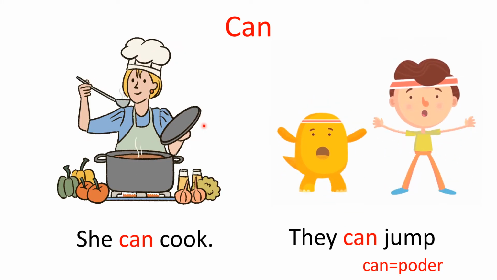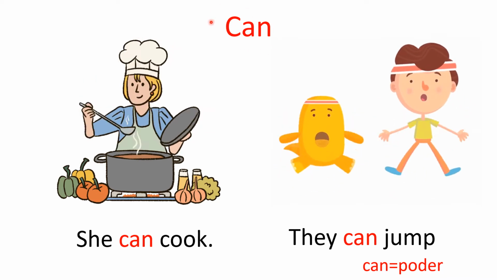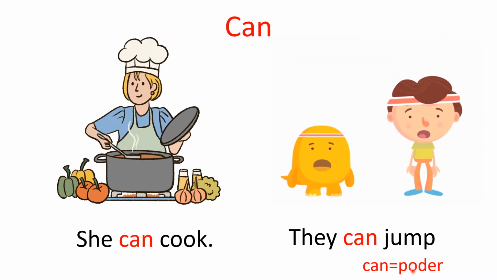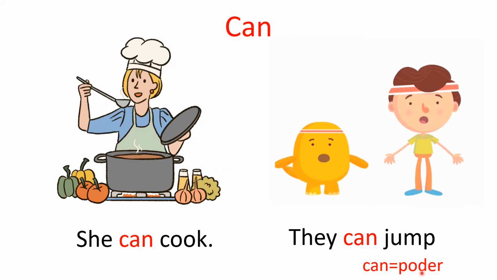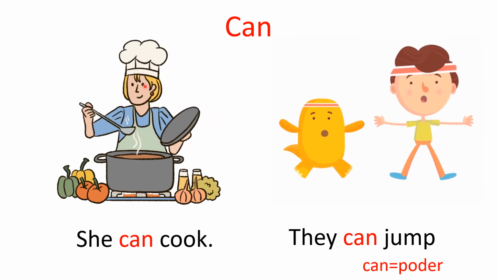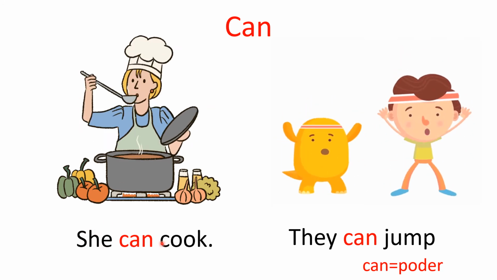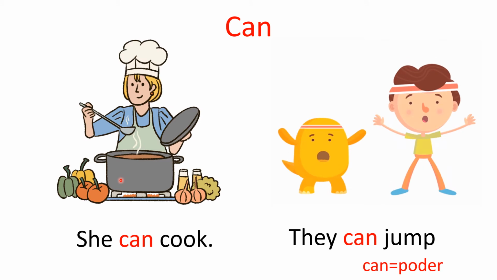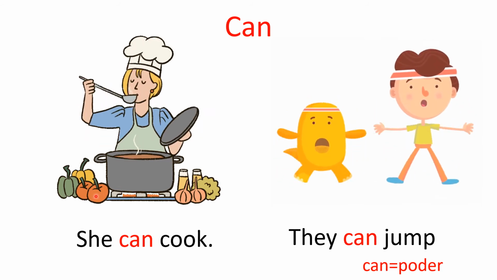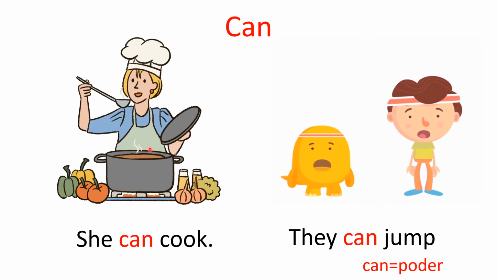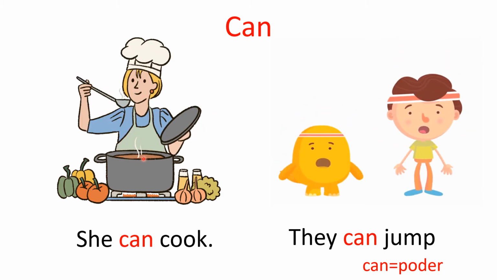Next verb is the verb can. The meaning is here, can. Do you see? It's she. She can cook. That's good. Look, she's cooking. She has vegetables, garlic, and wow, she's tasting the soup.